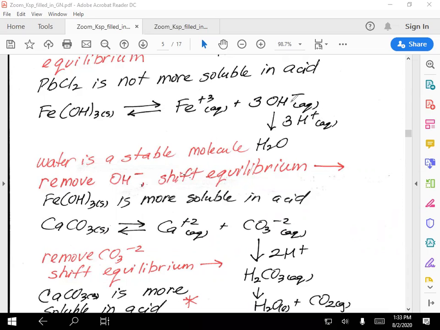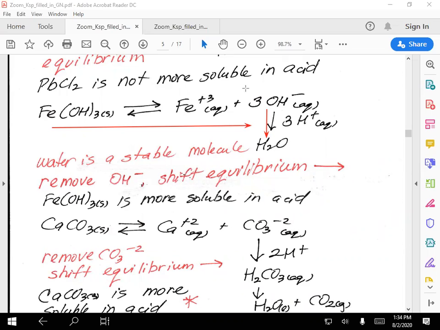It will combine with the hydroxide to give us water. Water is a stable molecule. So we only are going this way, which means, according to removing a product, we are going to shift the equilibrium this way.